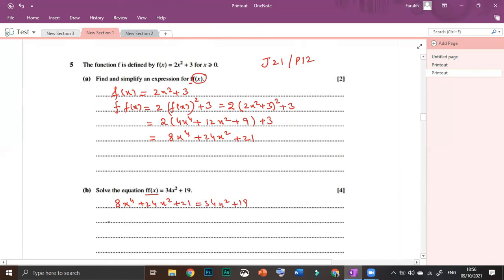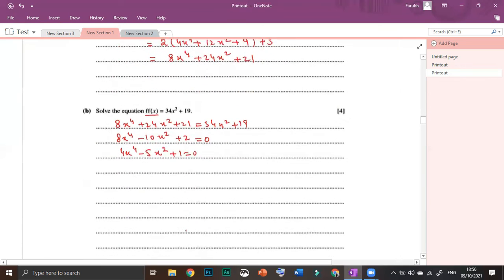After simplification, we have 8x power 4 minus 10x square plus 2 is equal to 0. We can see that we can divide all the terms by 2. So 4x power 4 minus 5x square plus 1 is equal to 0.